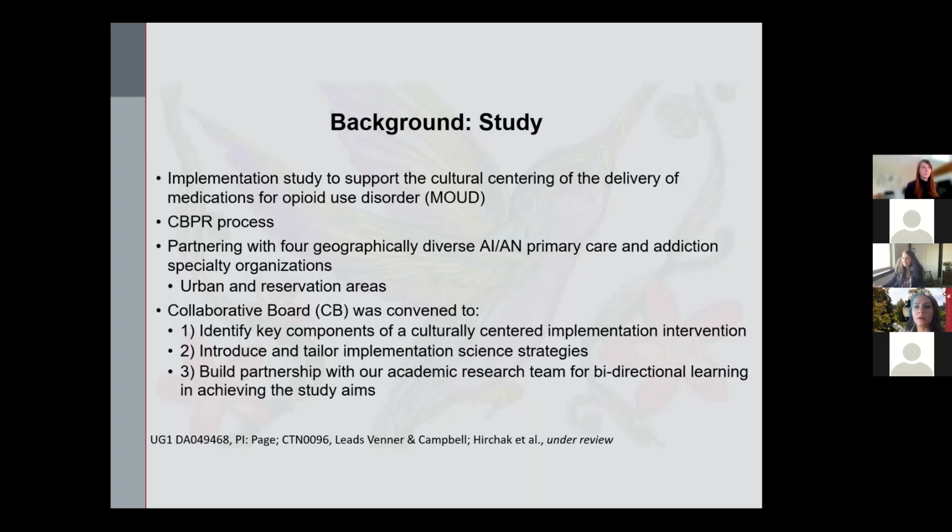And so the paper describes the collaborative board process, and the collaborative board was convened to identify key components of culture that are needed to center the implementation of the intervention, introduce and tailor implementation science strategies, and build partnerships with the academic research team, the collaborative board, and the partnering sites for bidirectional learning.